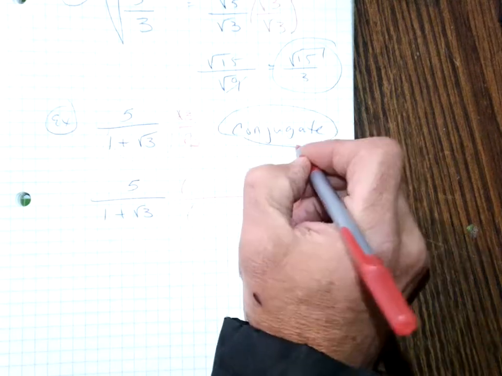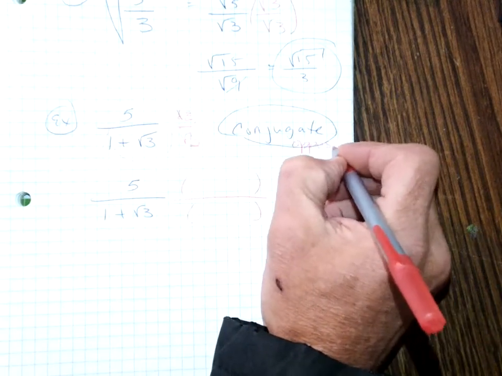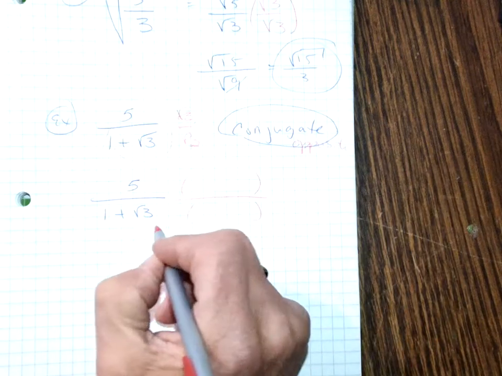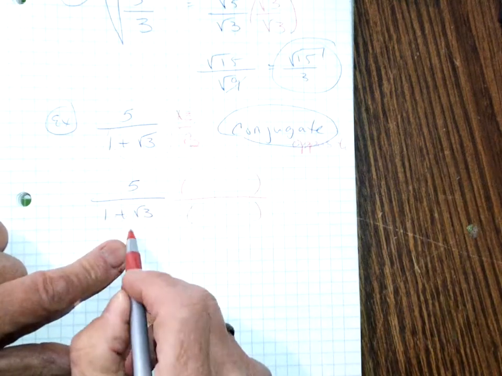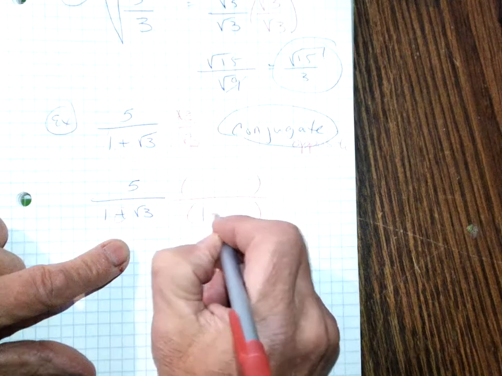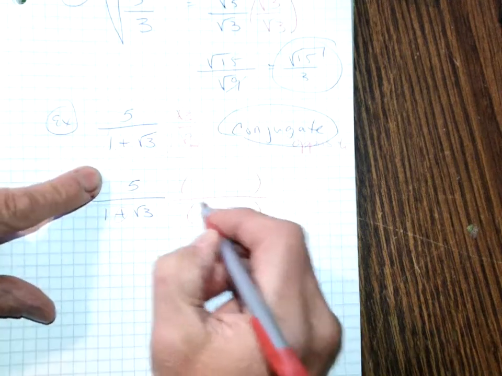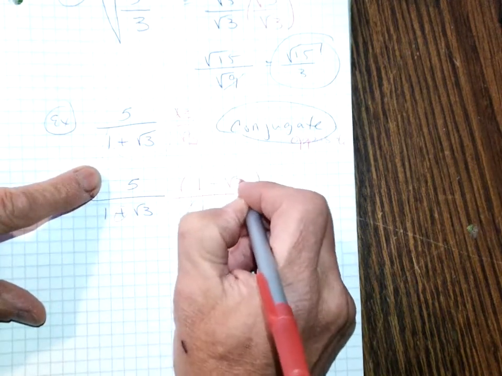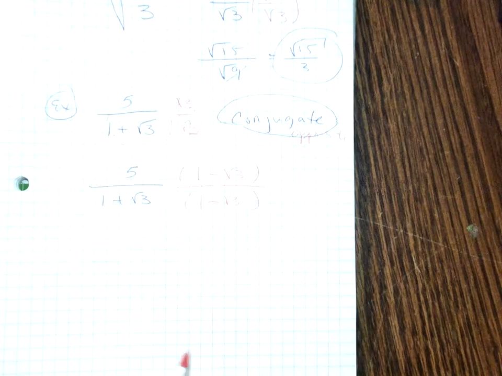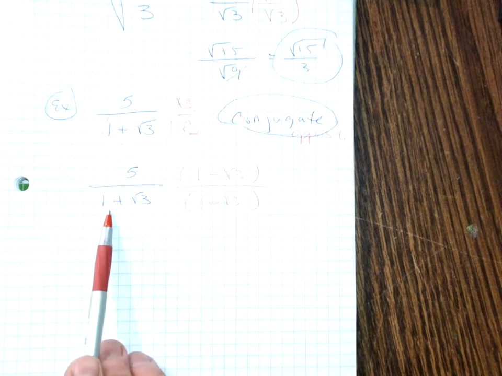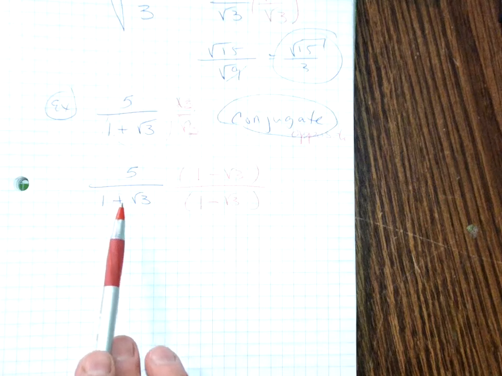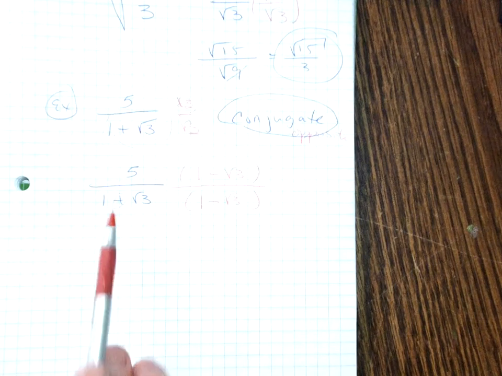The conjugate is like the opposite. So I'm going to multiply by 1 minus the square root of 3, and on top I'll do the same thing, 1 minus square root of 3. Again, I do it in red to show the difference in colors. To get rid of the square root at the bottom, I multiply by the opposite of that. It's called the conjugate. Let's see how that helps.